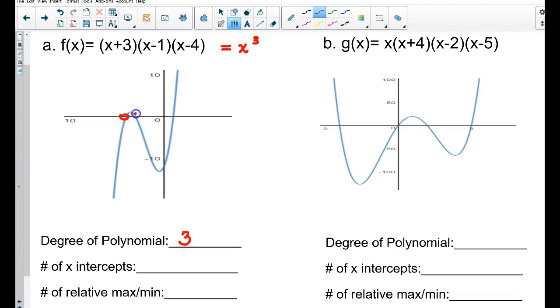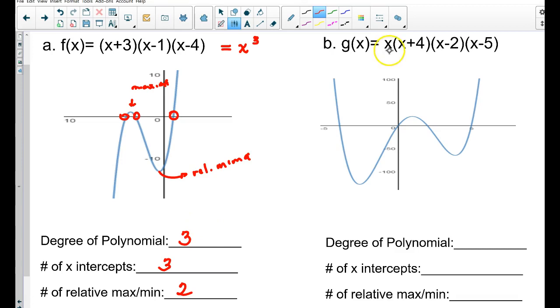We can see there are 3 x-intercepts, so that equals the degree. And we have 1 relative maxima and here's a relative minima. So we have 2 turns, and that matches the formula n-1.